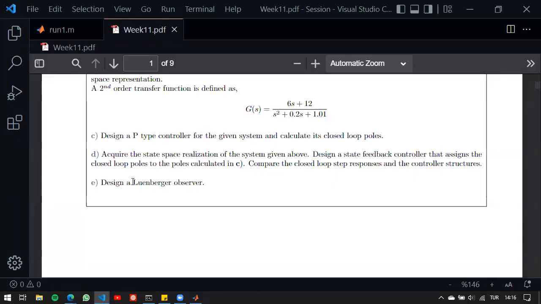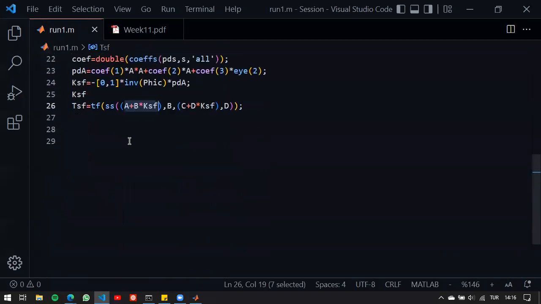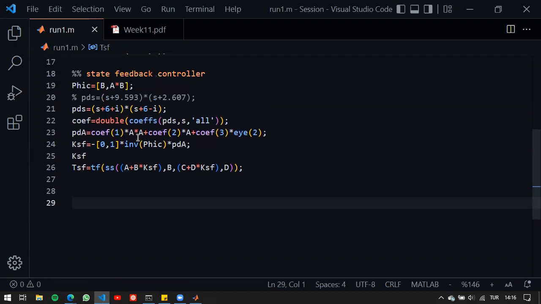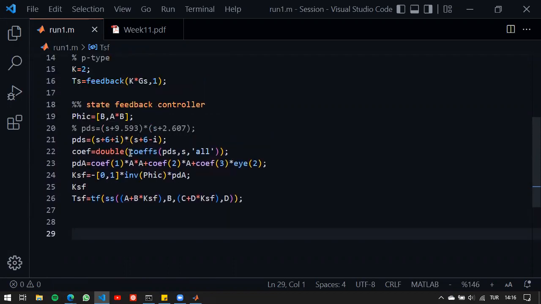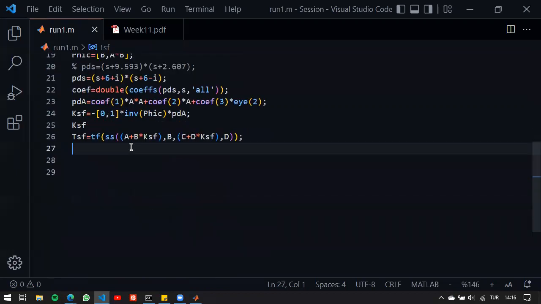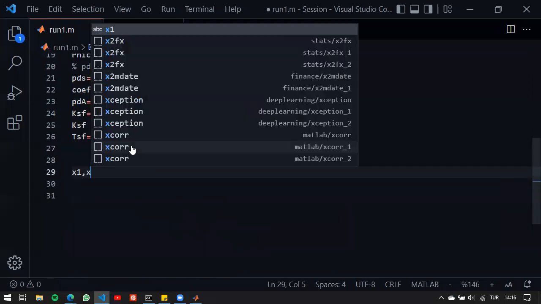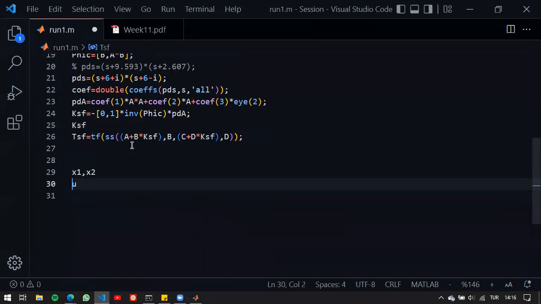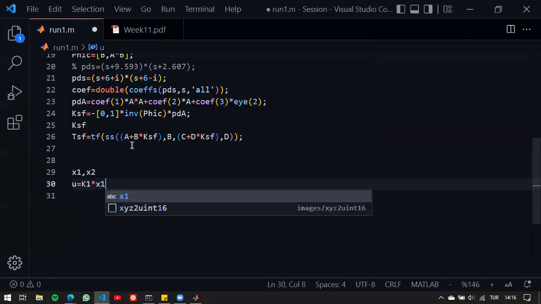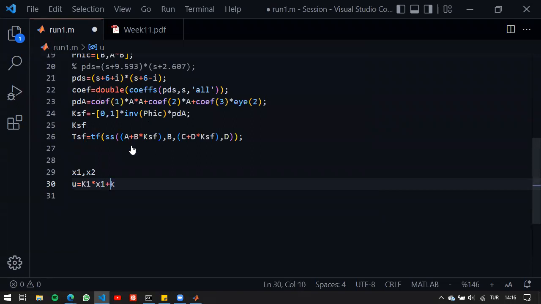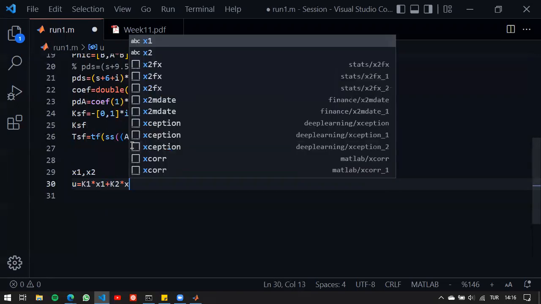So that's all about that. So let me talk about the observer here. Now, what is an observer and why would we need such a thing? Well, the limitation here is to measure x1 and x2 because my control signal is k times x, or k1 times x1 plus k2 times x2.